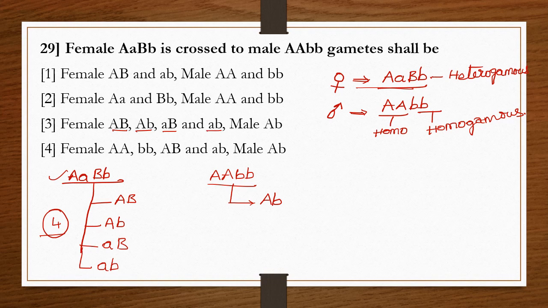The male, having capital A small b, produces only one type of gamete, capital A small b, because of homozygosity. Because of heterozygosity, the female produces four gametes and the male only one gamete, capital A small b. So the correct answer is option 3.